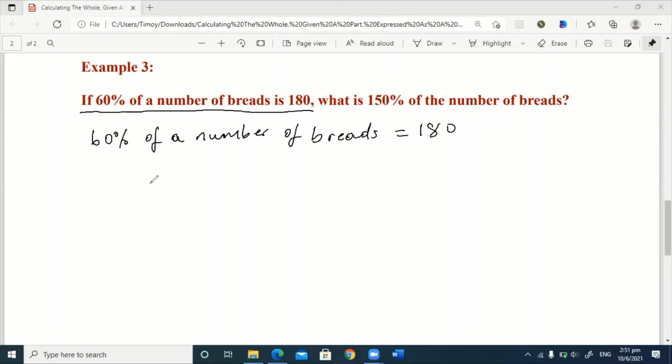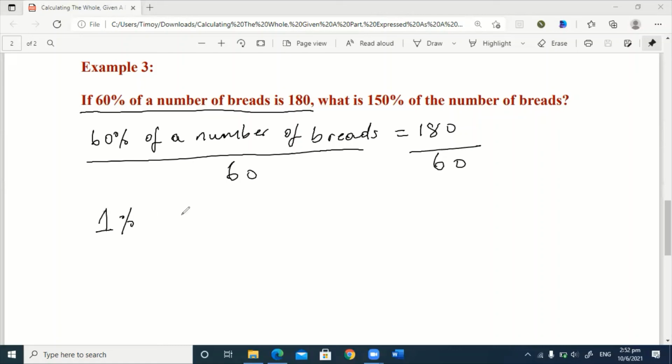Right? So we need to find 1% first again, which is just to divide this side here by 60 and also divide this side by 60. Now, by dividing both sides by 60, you can see that 60 divided by 60 is 1. So what we'll have here is 1% that is left.